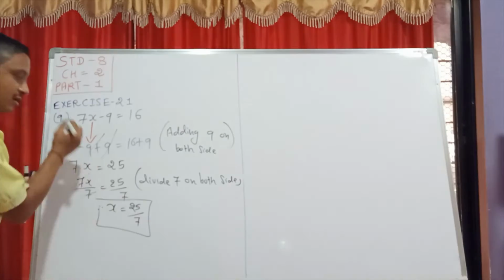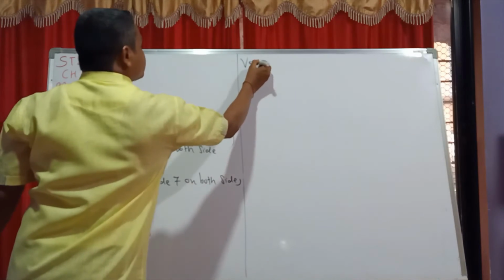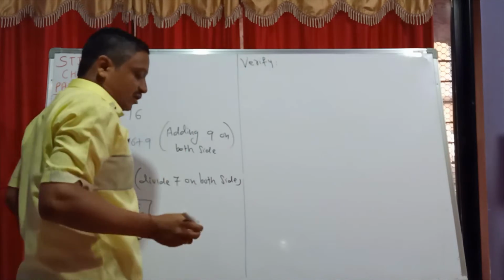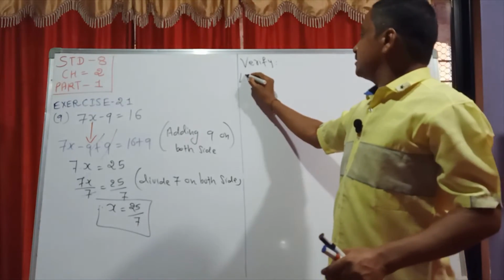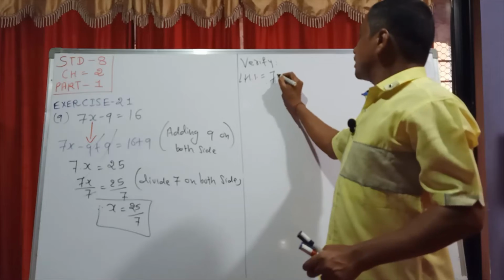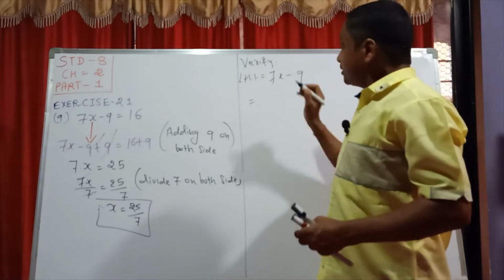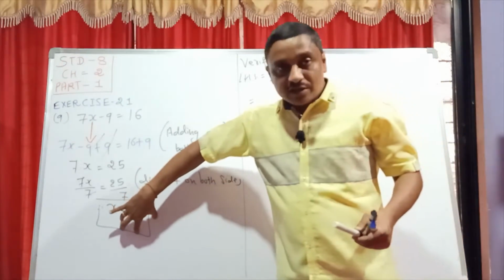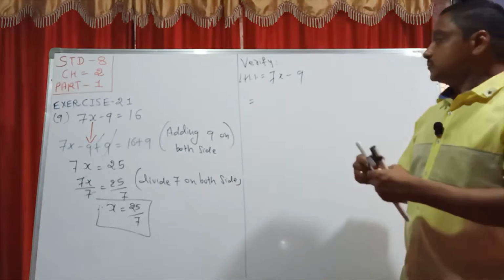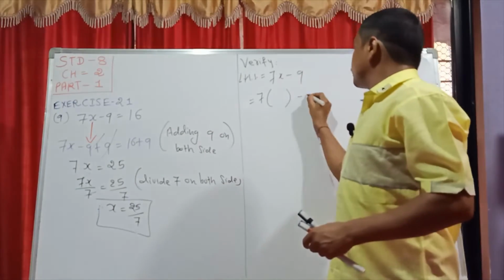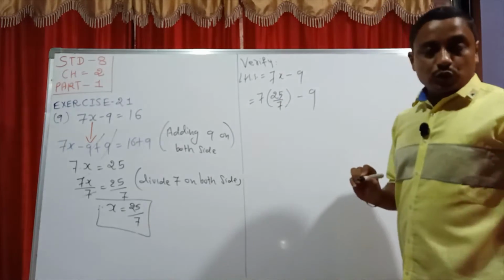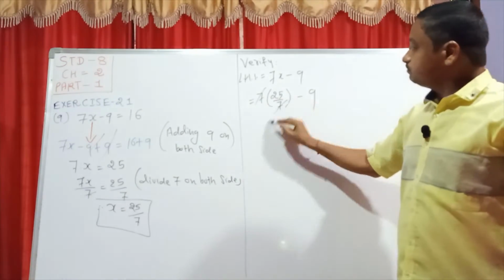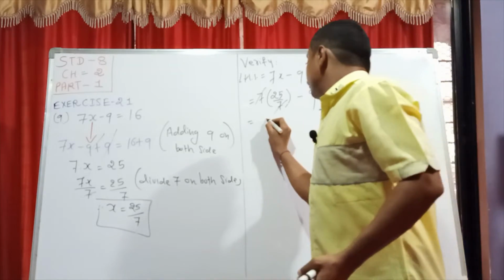Now I go to verification. Yes students, verification is compulsory. You show out what is your LHS? In your LHS, 7x minus 9. In this x value, students, 25 by 7, I just put out here. So 7 times the x value is ready. It is 25 by 7. So this 7 and 7 are gone. Only I have 25 minus 9.